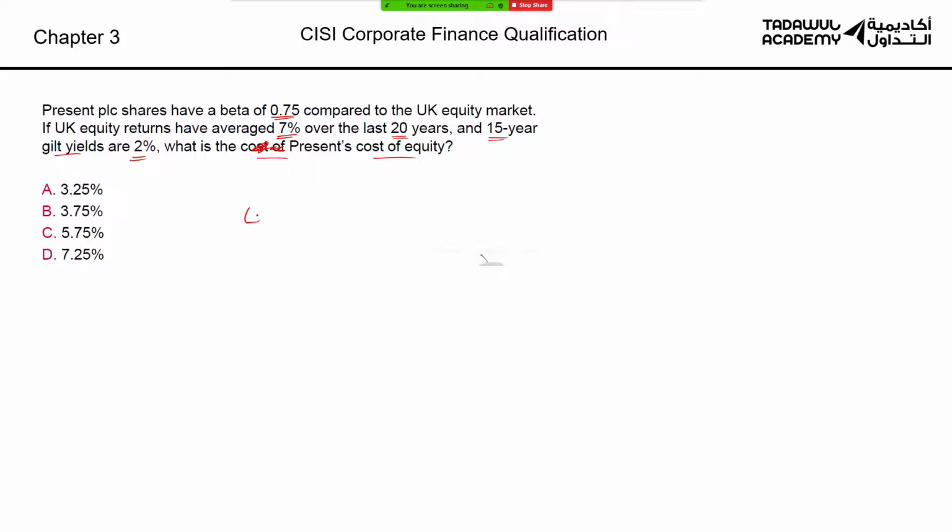So the expected return, which is the cost of equity, equals the risk-free rate plus the return of the market minus the risk-free rate, times the beta.